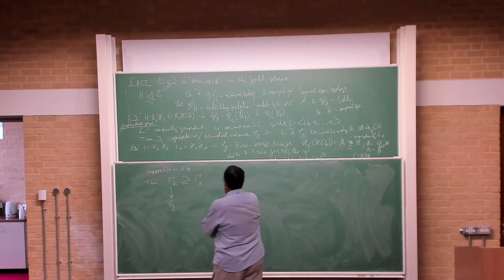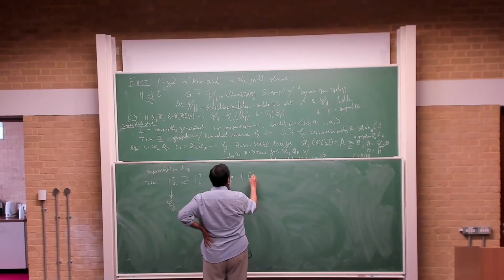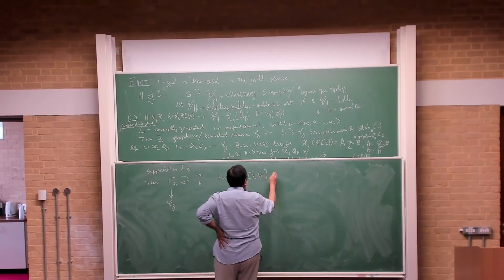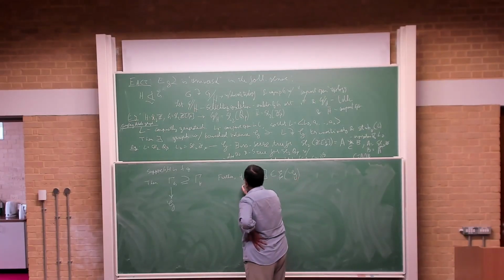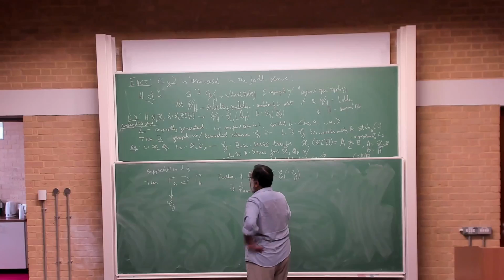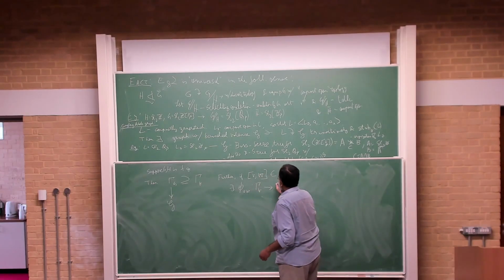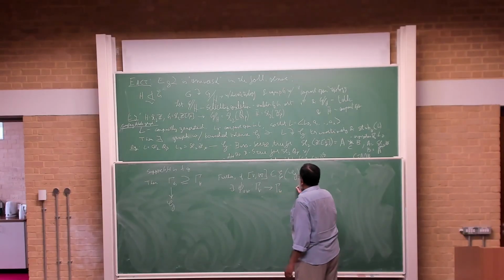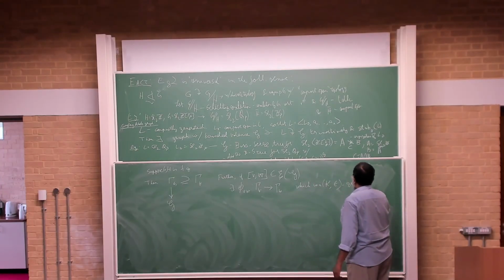There's a little more. Further, if you have an edge in the Cayley-Abels graph, then there exists a map phi VW from gamma V, which I'm thinking of as the stabilizer of the vertex V, to gamma W, which is a K epsilon quasi-isometry.